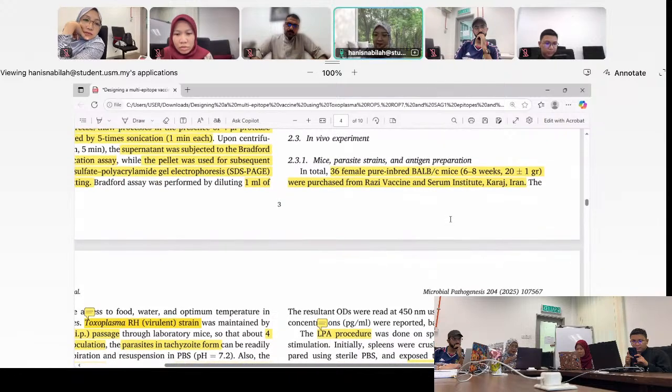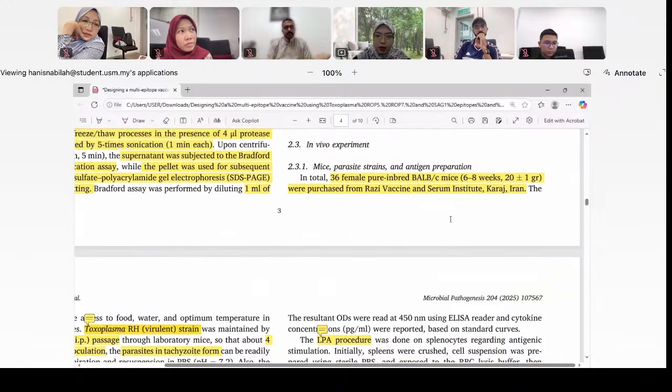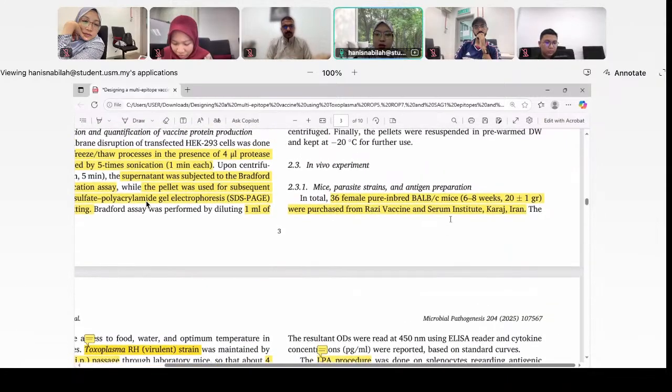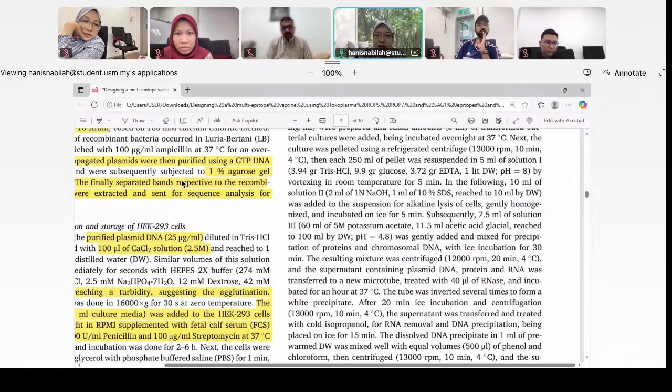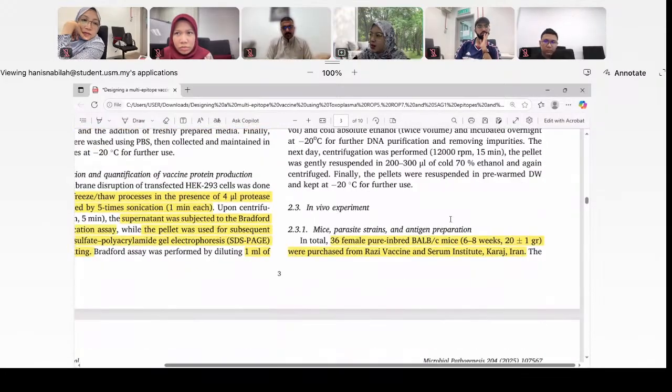Okay, and then they also tested the vaccine. Can I say recombinant protein?